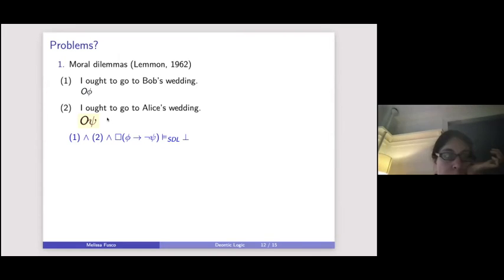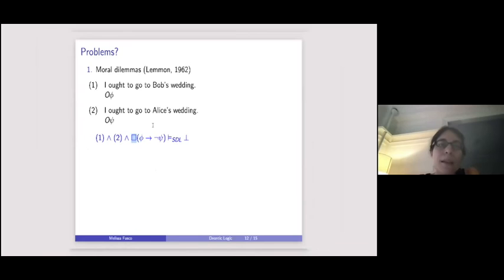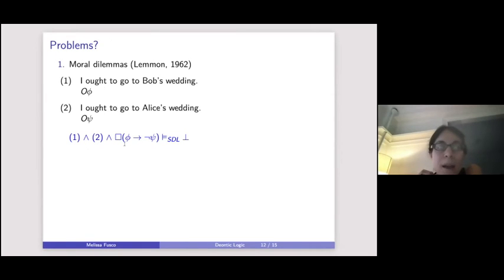But in SDL, it can't be, at least if we're accepting that necessarily, using this box to quantify not just over deontic possibilities but over all possibilities, that necessarily if I go to Bob's wedding, then I don't go to Alice's. I can't do both, in a sense of can't that isn't deontic, that is stronger than deontic. It's a practical or alethic sense. Then we have a contradiction.